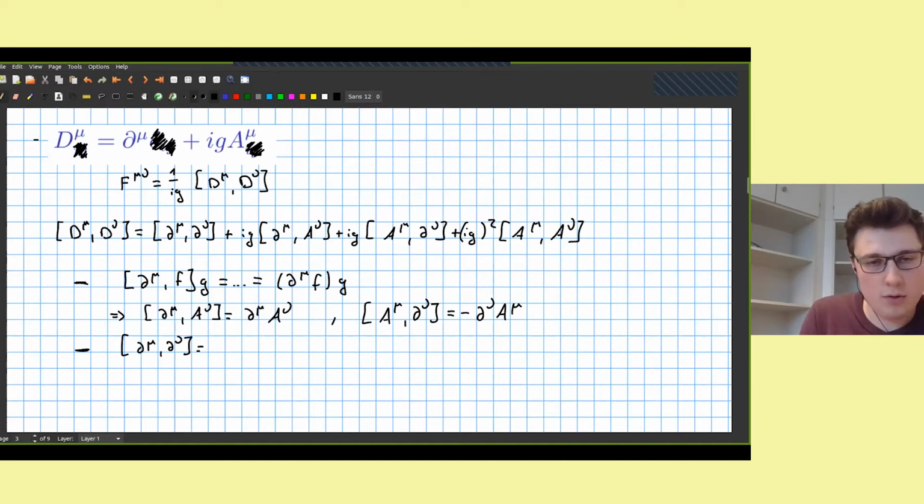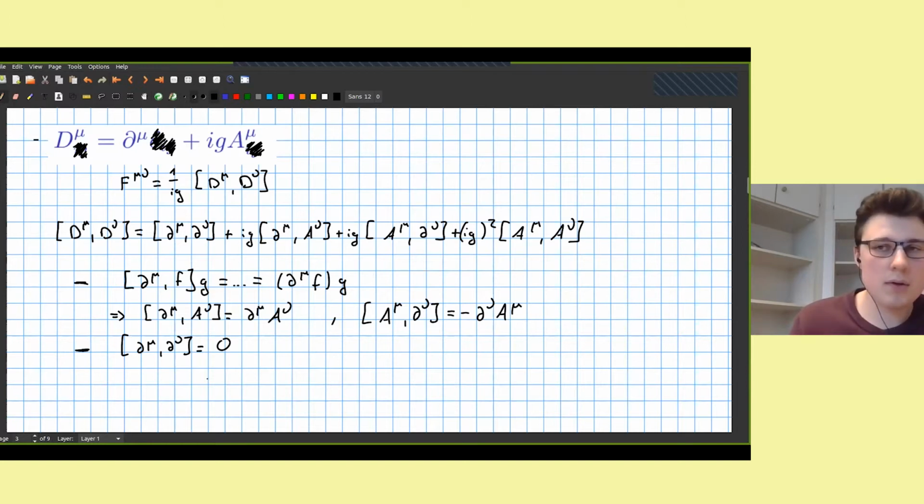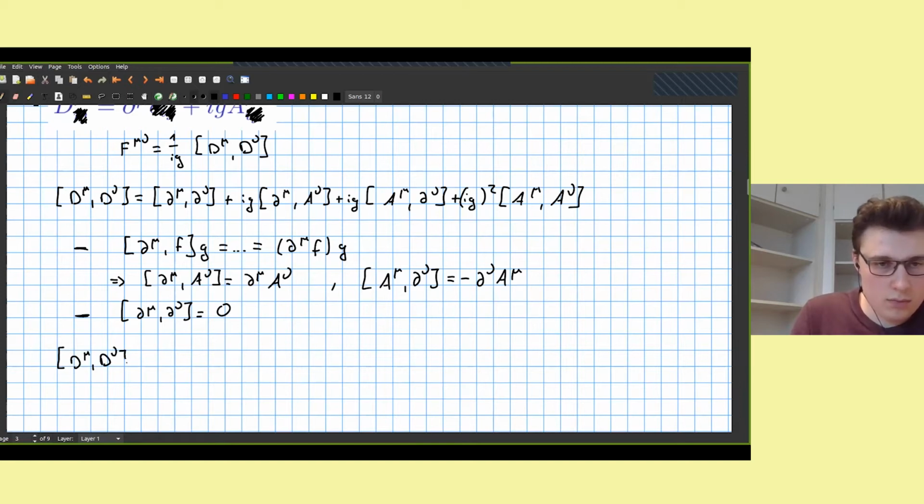And of course, this vanishes because partial derivatives commute. So keeping all this in mind, we can further simplify this commutator.